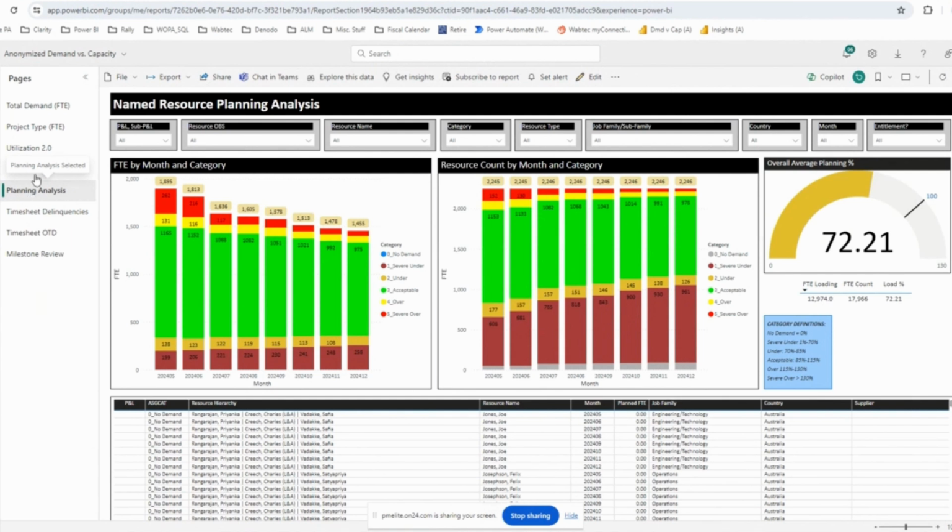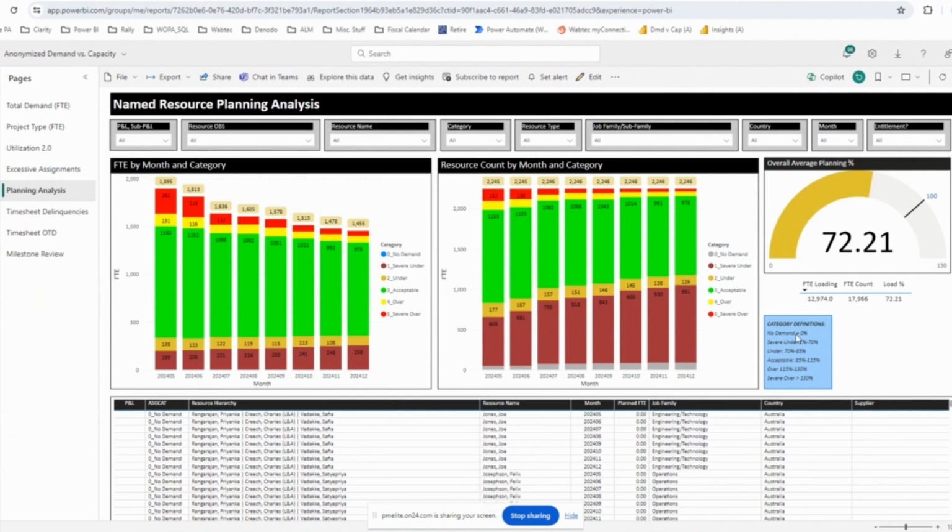So looking forward, this left-hand chart shows us by month the total number of full-time equivalent work we have broken into 5 categories. Who is severely overplanned, who is overplanned, who is acceptably planned, who is underplanned, and who is severely underplanned.